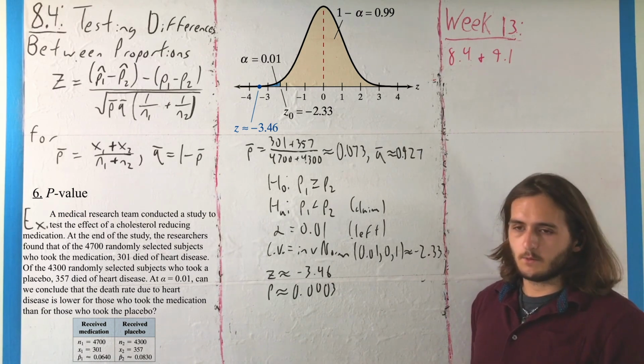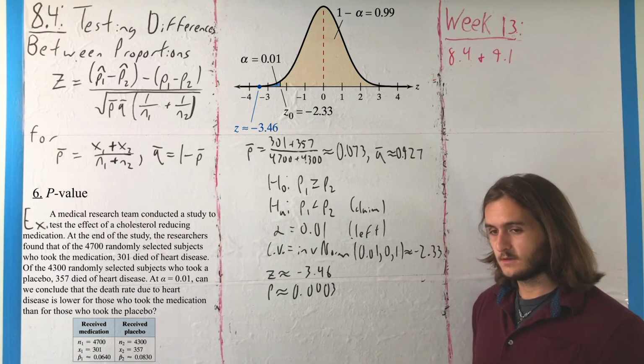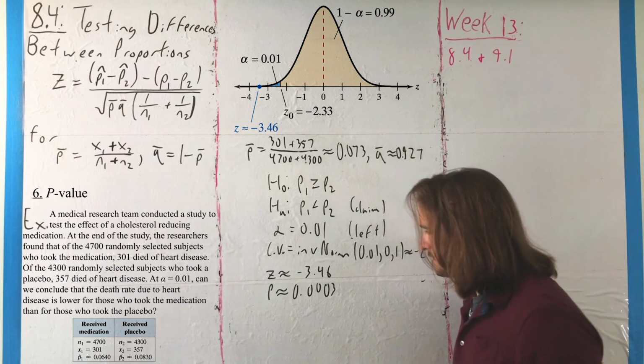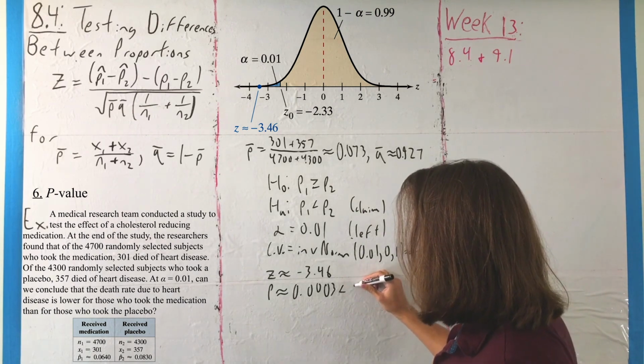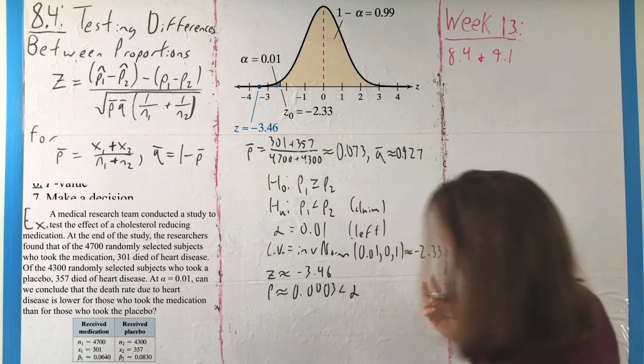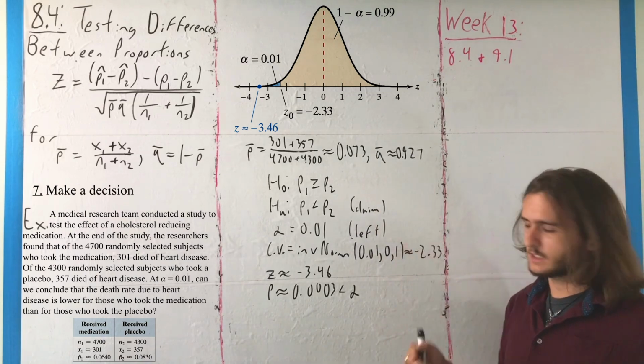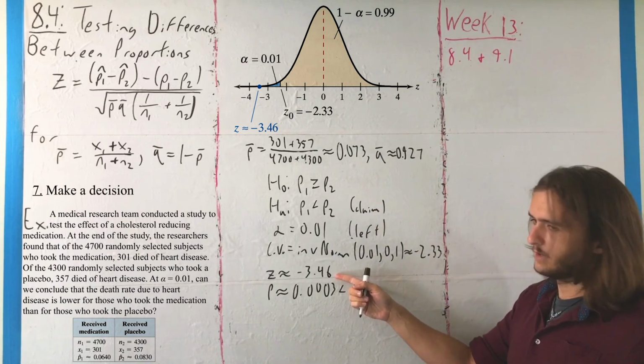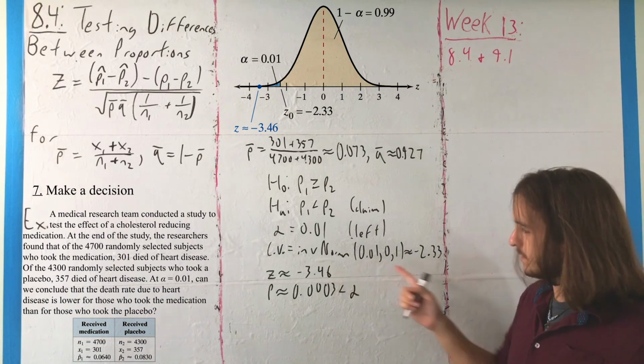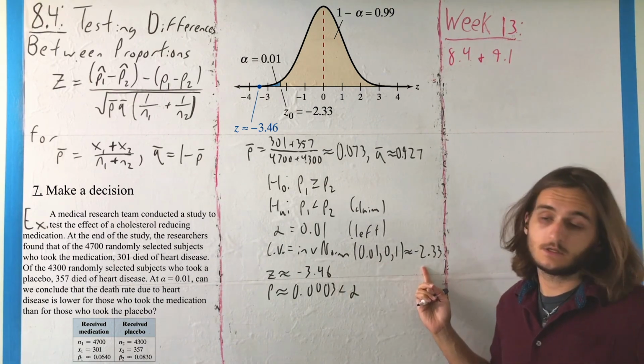So even if we want to be really, really sure, we can still be pretty sure that this p-value is smaller than alpha. Or equivalently, as you can see from that spoiler, our test statistic z-score falls into the rejection region.